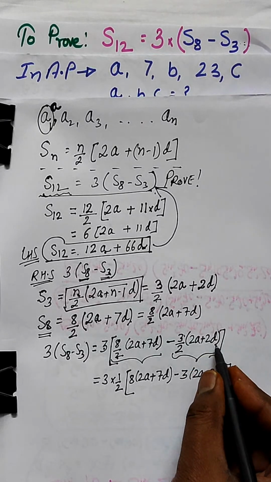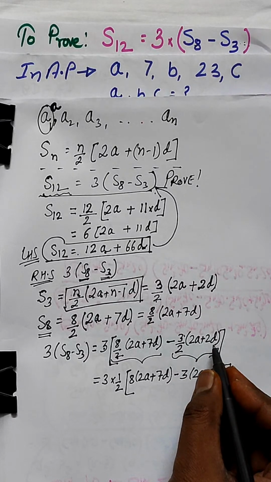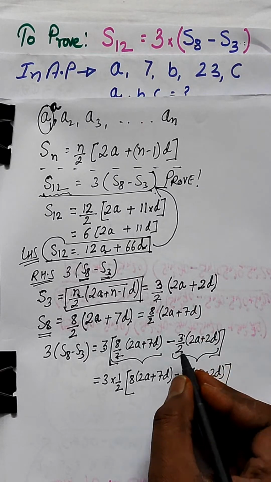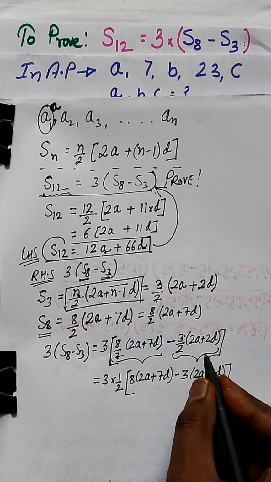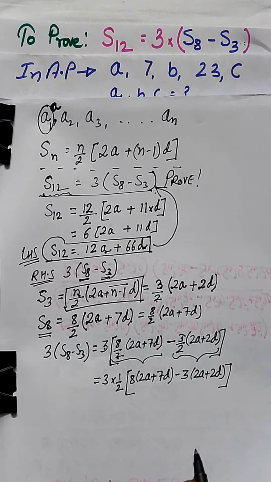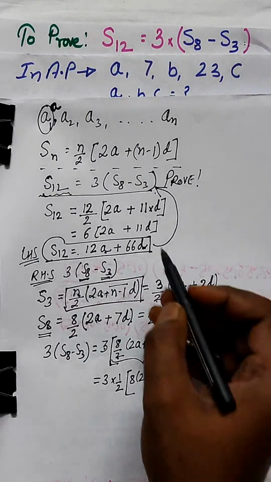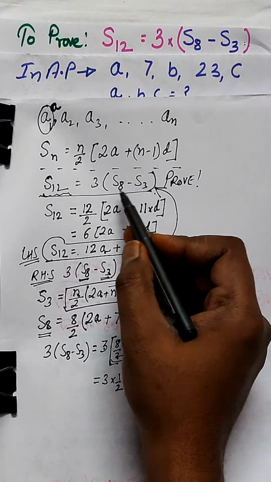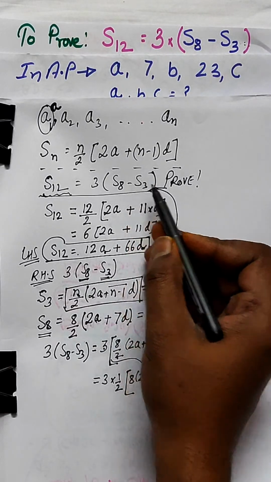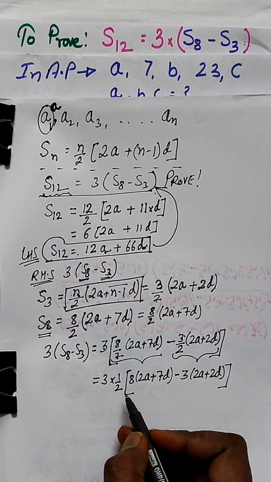I'm just putting in the value over here, right? Now here, this is S8 minus S3, and we have put in the value over here.